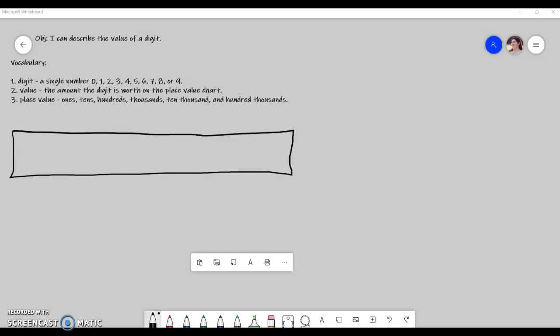So let's review what you learned when you were younger. The first house you learned was the ones house. We're going to put ones here. Tens house and hundreds. So the ones, tens, and hundreds when you were little. This house all belongs together.